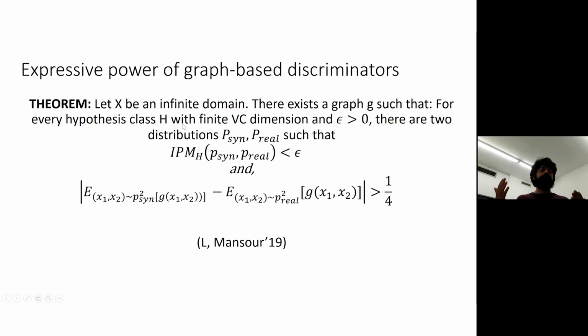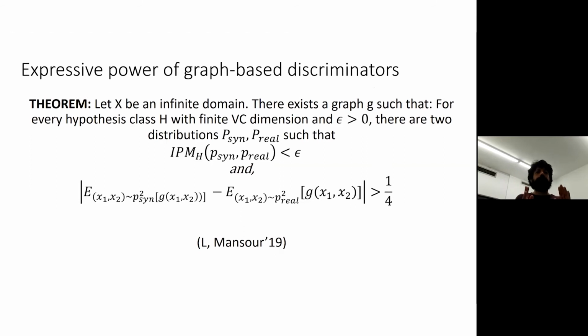The no-free-lunch theorem said that for every hypothesis class that is learnable, you can find another hypothesis class that succeeds where that one failed. That is a no-free-lunch result saying no hypothesis class can be optimal, but this theorem says something else. It says that you have a single graph that is not better, but is incomparable to any hypothesis class.